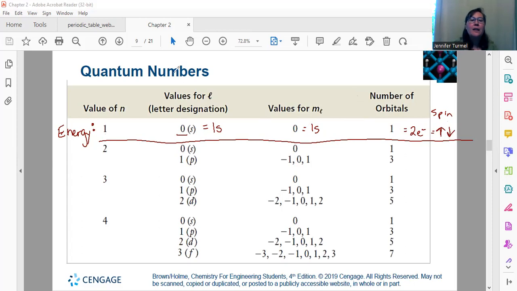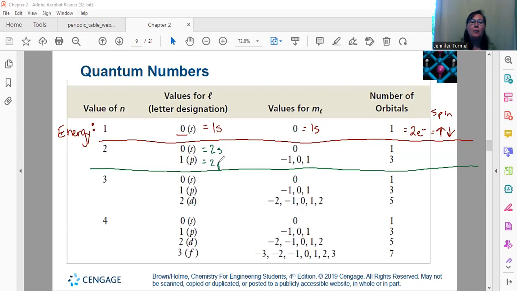Now let's take a look at our next one. Now we have energy level 2. When n is 2, we can have L values of 0 and 1, and this would be the 2s orbital and the 2p orbitals. There's 1 2s orbital, 3 2p orbitals.